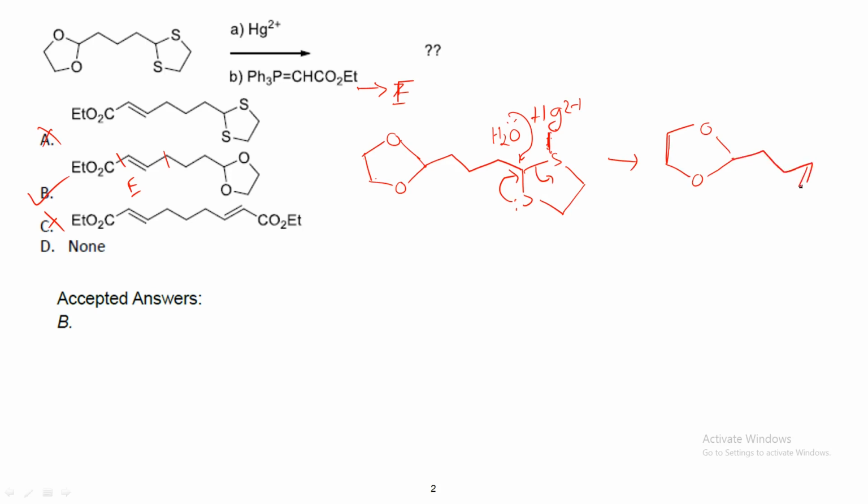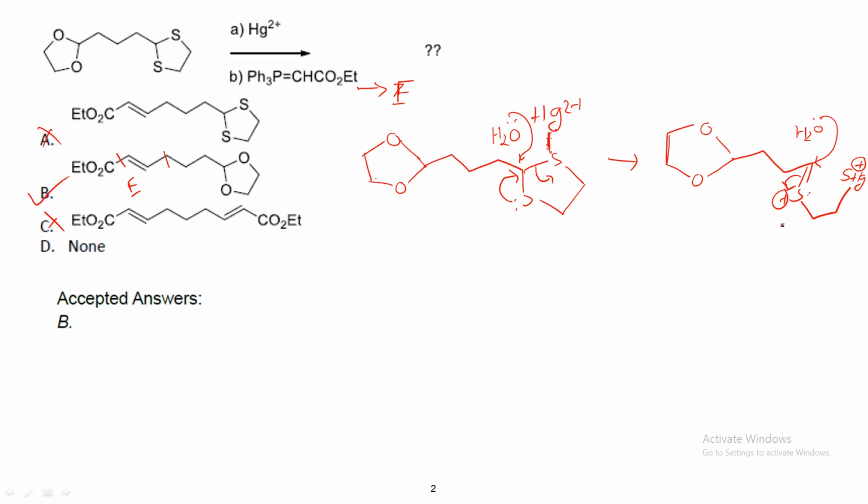So let's do it intermolecularly. This kind of species can be generated, and then again the same way this part also can be taken care of. So here it is positive, so H2O can attack. So now S is neutral.